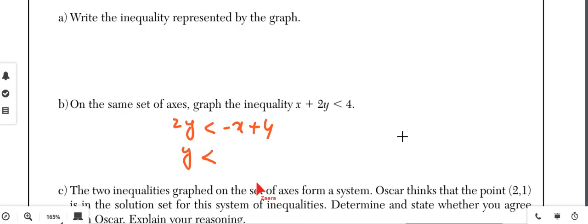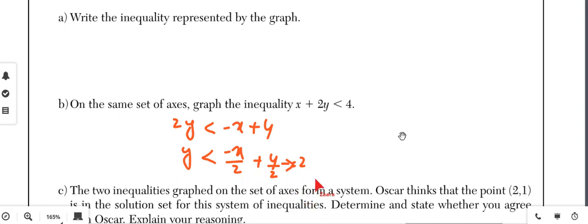No, it is positive 4, because I just moved x from the left to the right side. So it will become y is less than negative x over 2 plus 4 over 2. So the slope is negative 1 over 2 and the y-intercept is 4 over 2, which is 2. It is not 4, because you are dividing by 2.